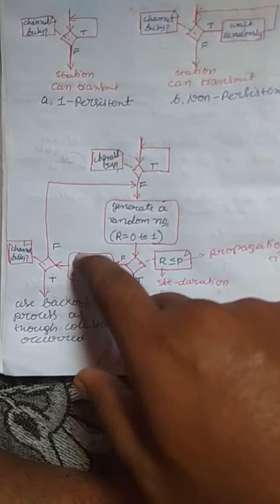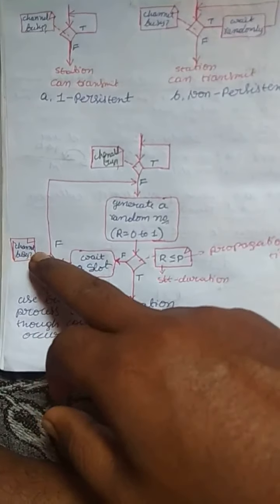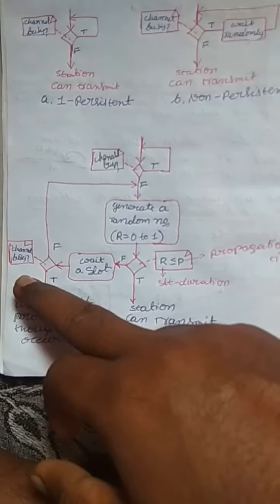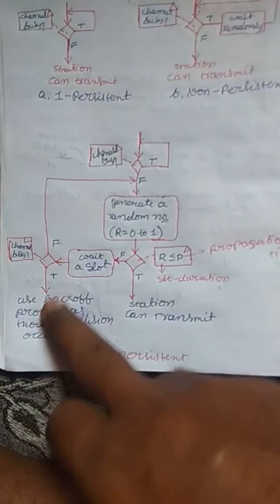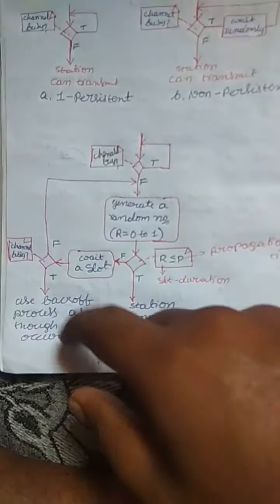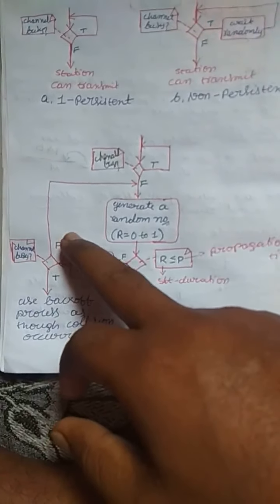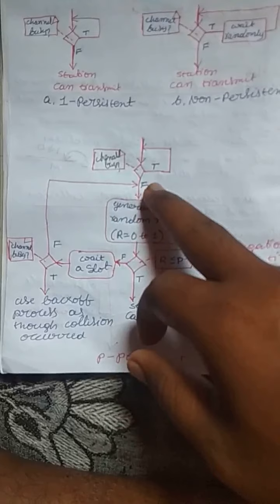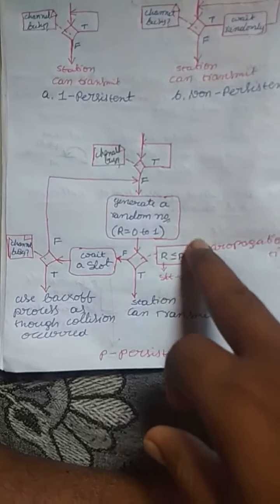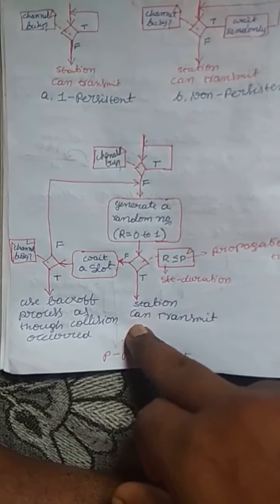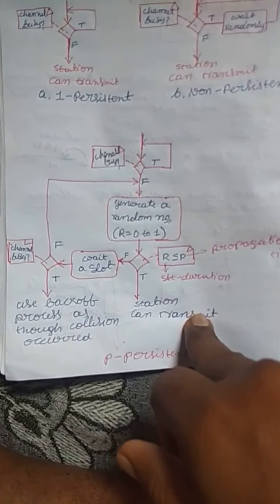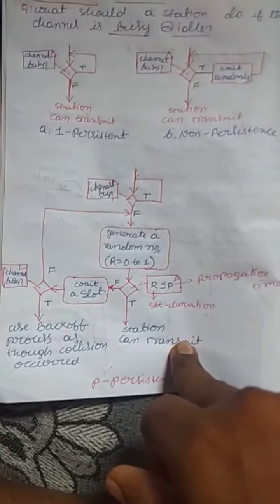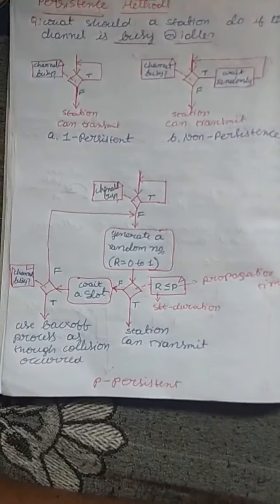Then it will check the channel once again. If it is busy, it will go to the backoff process. If it is not busy, it will go back to the first step, and we can send the transmission.